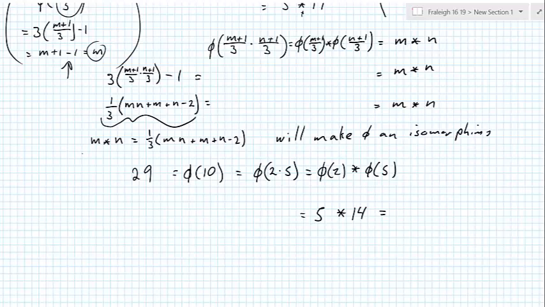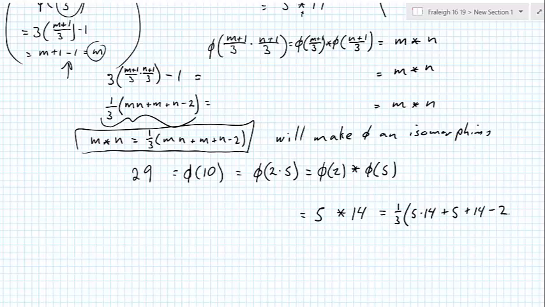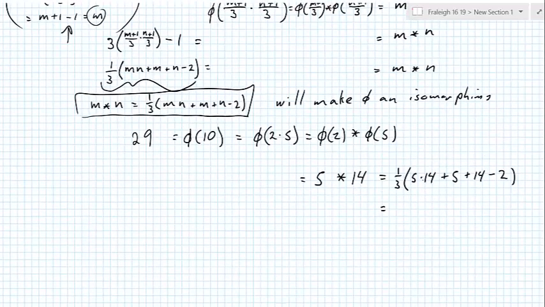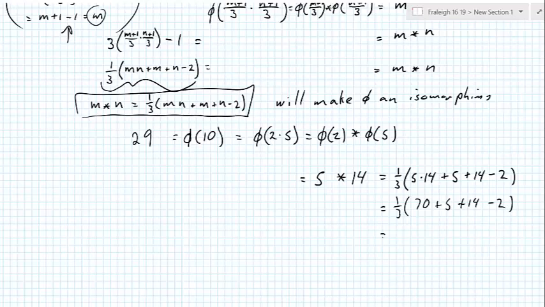And then, according to our definition of star, this will be 1/3 (5 times 14 plus 5 plus 14 minus 2). 5 times 14 is 70, plus 5 plus 14 minus 2 is 87.